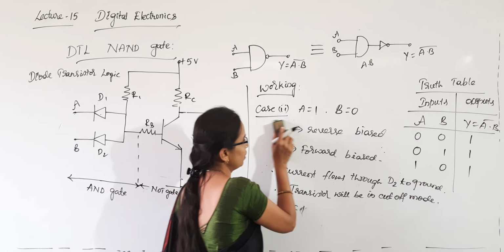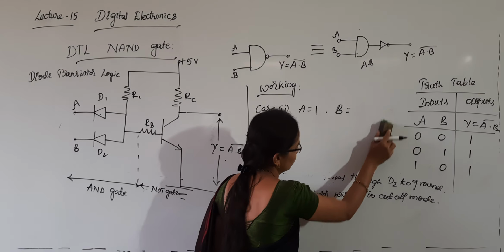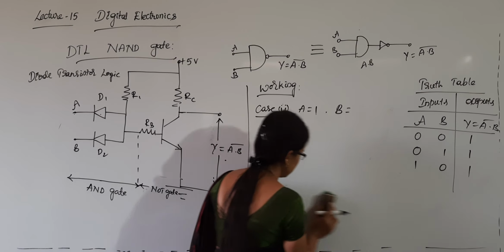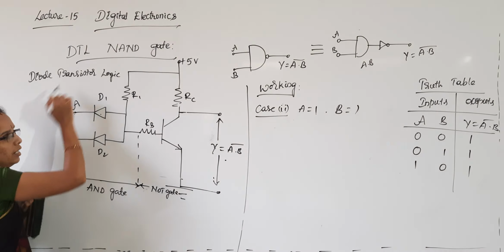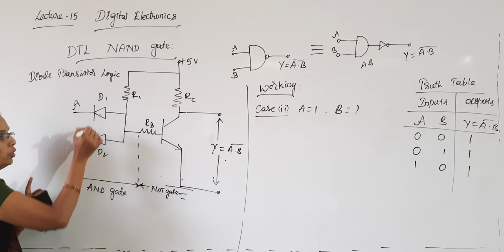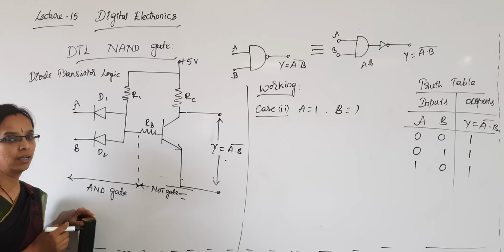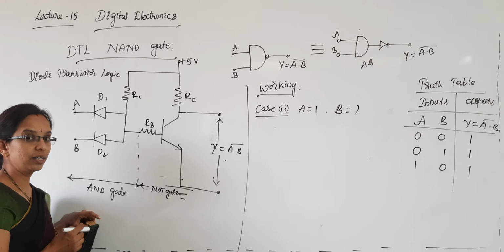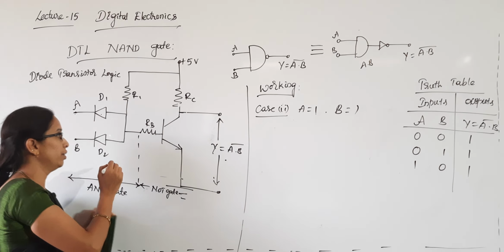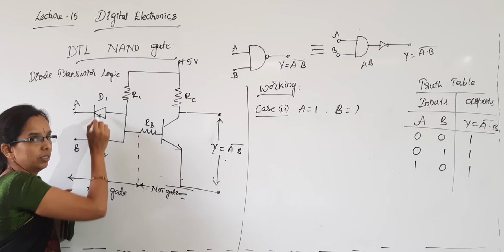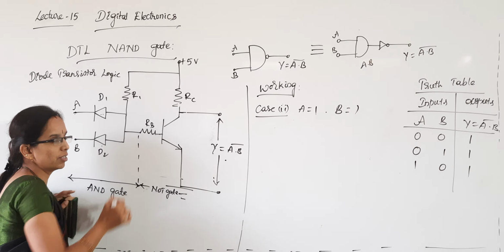Okay. The next one, the last case, is when A is equal to 1, B is equal to 1. Both are connected to supply. What happens? Diodes D1 and D2 are both reverse biased. Whatever current flows through R1 will find an open circuit here, so it will take this path.